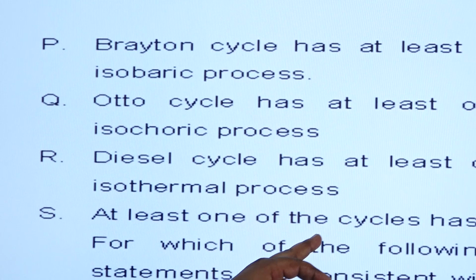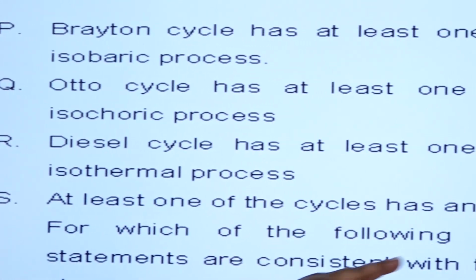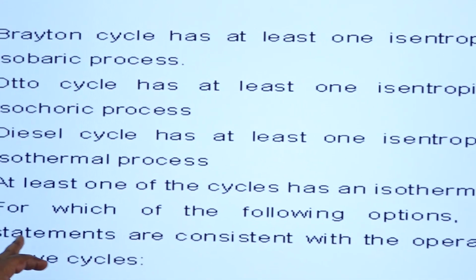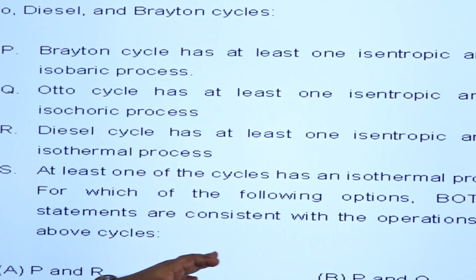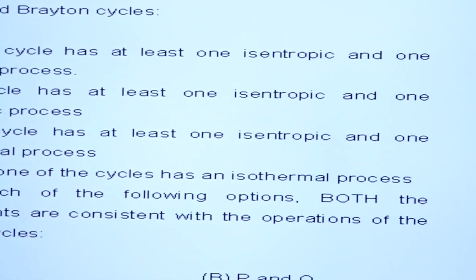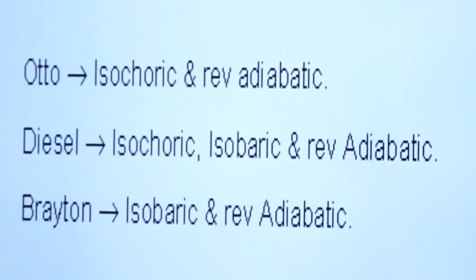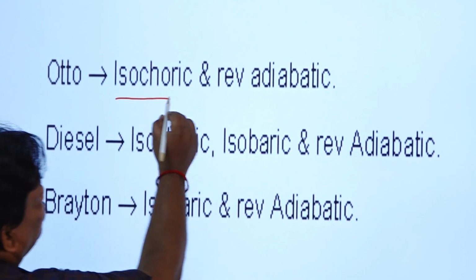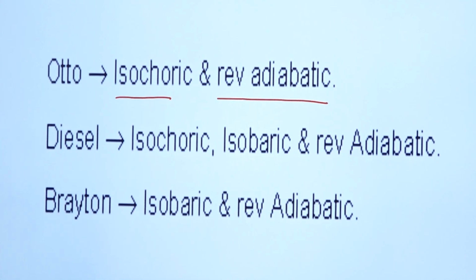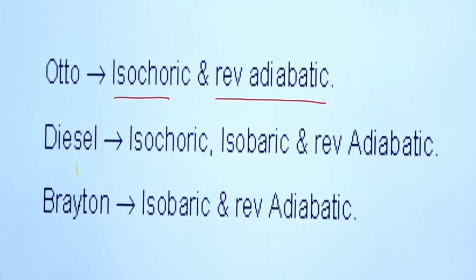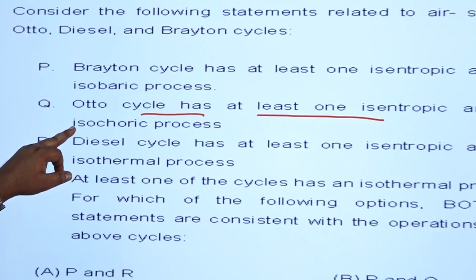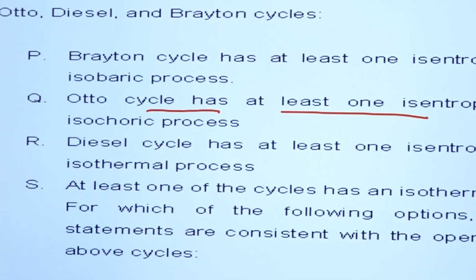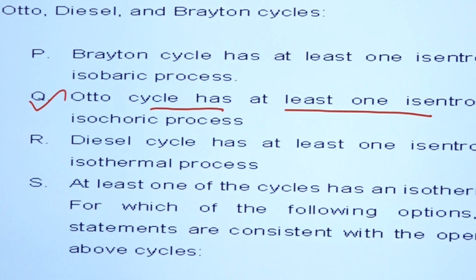At least one of the cycles has an isothermal process. For which of the following options are both the statements consistent with the operations of the above cycle? So you can see here, the Otto cycle has isochoric and reversible adiabatic. So this Q is right.